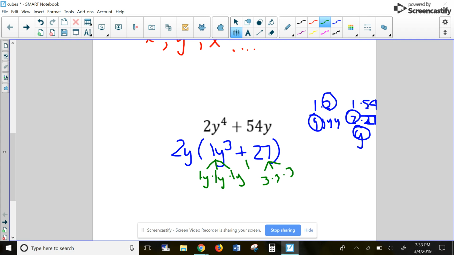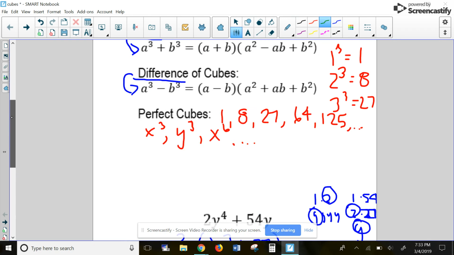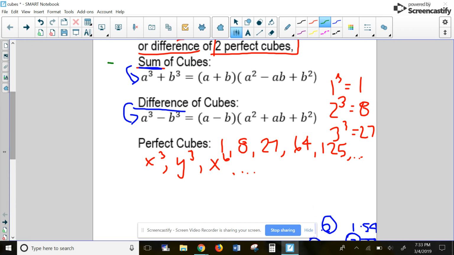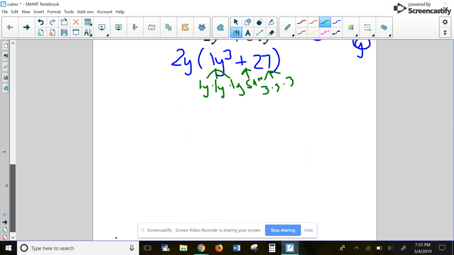And this right here is a sum, right? It's an addition. So that means we're going to go up to the top and we're going to use our sum formula, which is way up here. I'm going to copy the formula down here so we can see it.